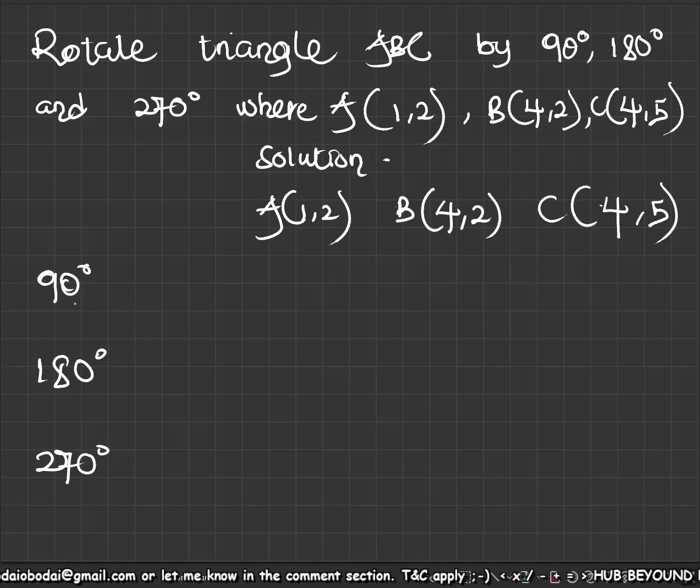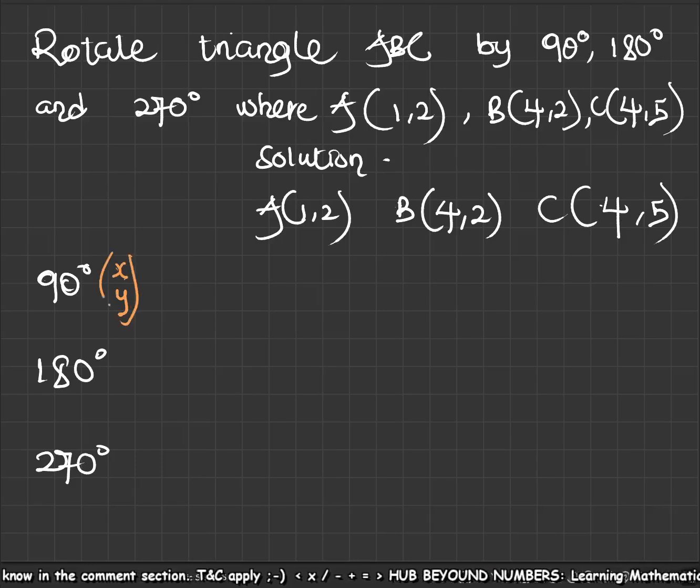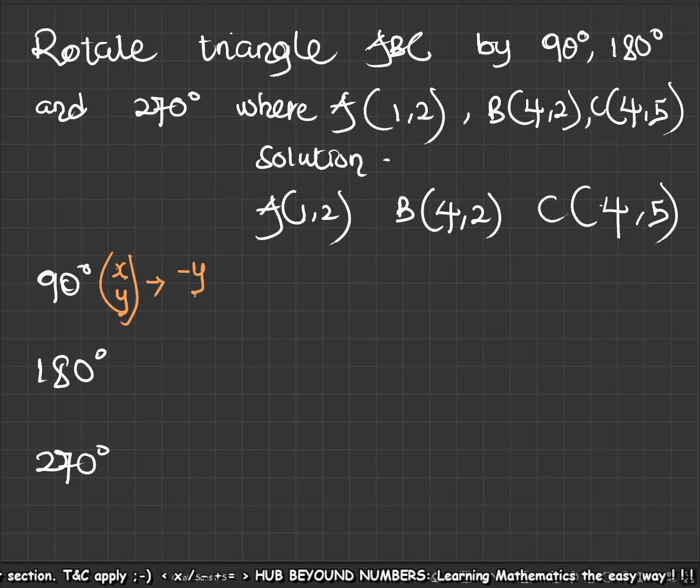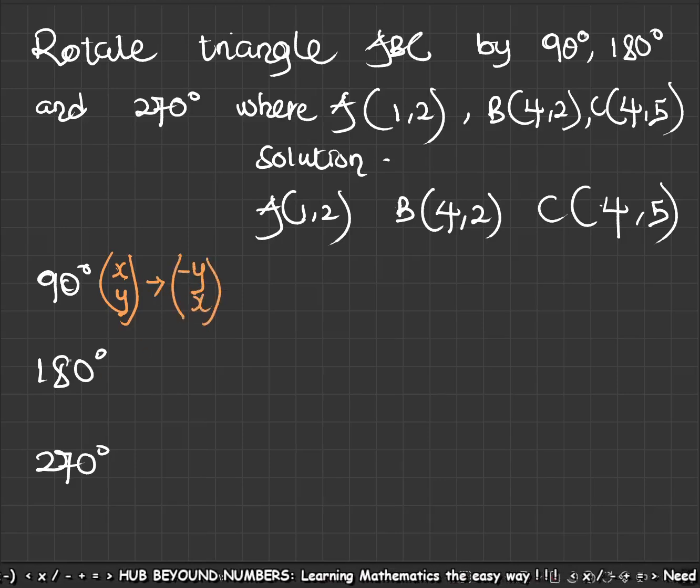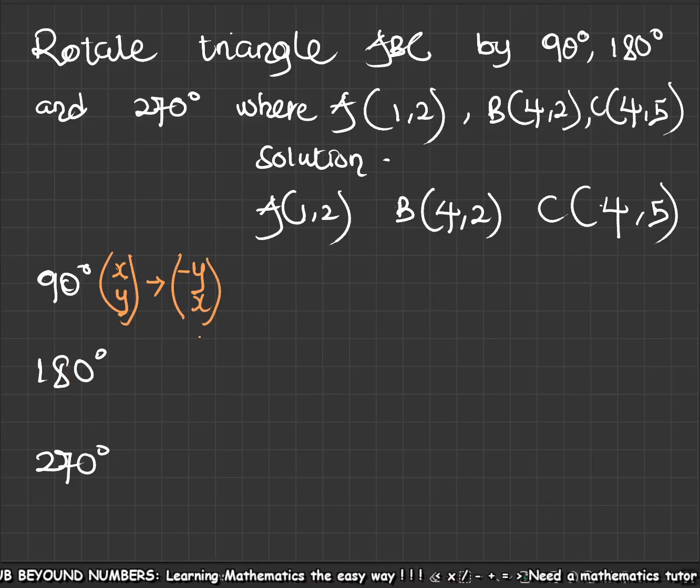For 90, remember we said the rule is if you have x and then y, then all you need to do is transform it so that it becomes negative y and then x. I hope you do remember that. These have to be memorized so that whenever you are working, you will be able to make reference without having to open books.